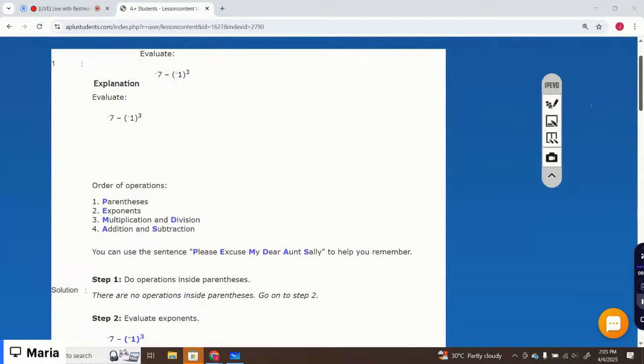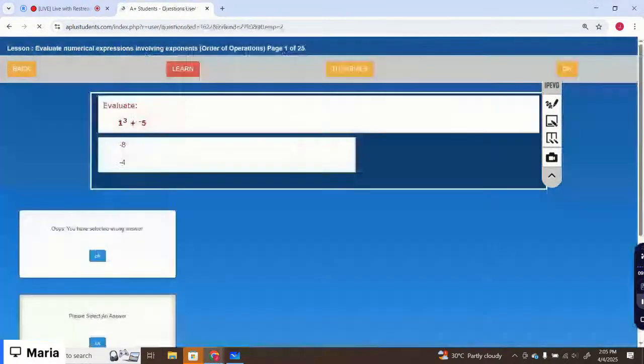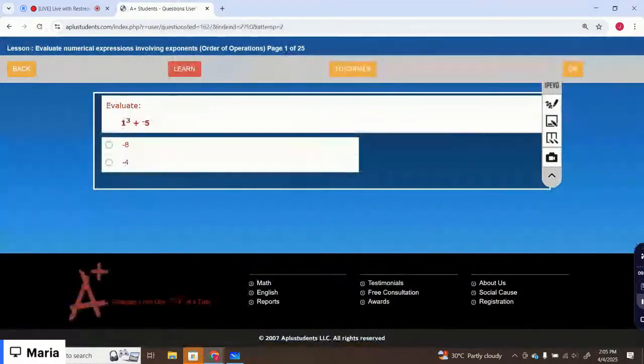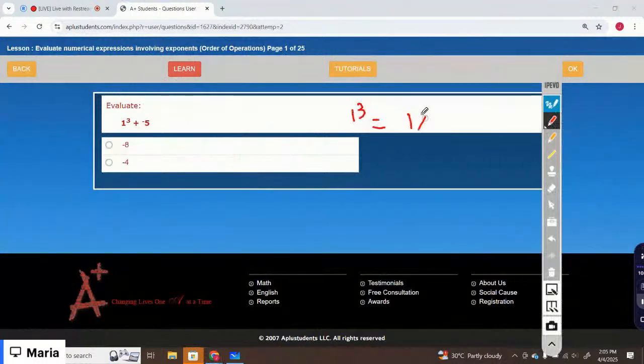Let's just start with the test questions. 1 cube plus -5. The first thing is you need to evaluate the exponent. 1 cube means you need to evaluate 1 times 1 times 1, which is 1.